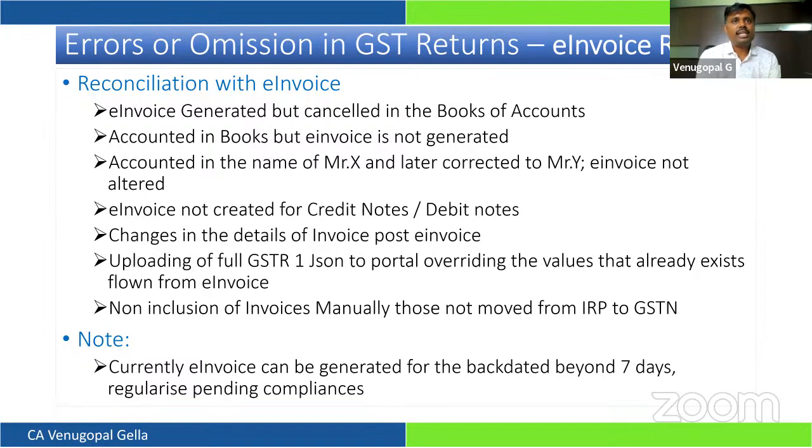Credit notes, debit notes, where e-invoice is not done. Or there is right now no time limit for generation of the e-invoice. Maybe on the 10th of the month I have generated an e-invoice. Those data wouldn't have flown to the government portal. So you have to do this manually.